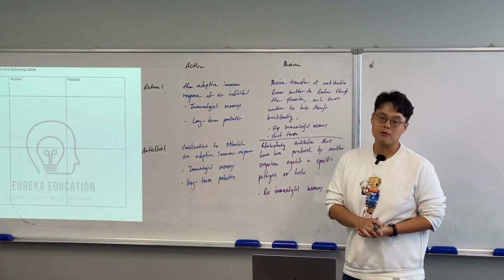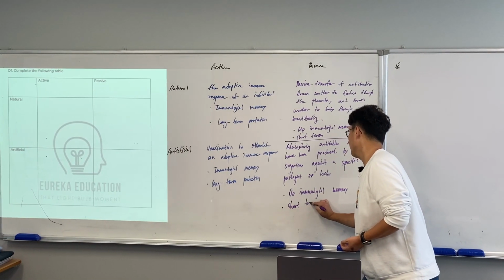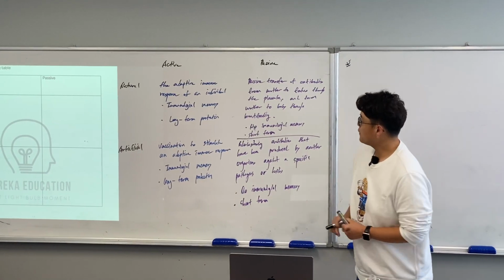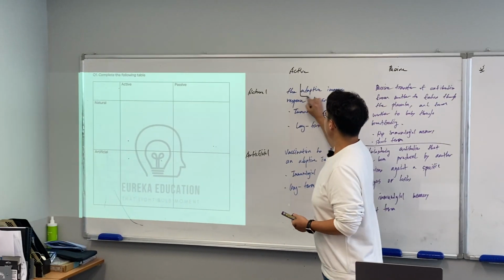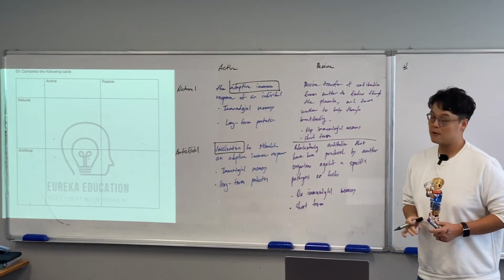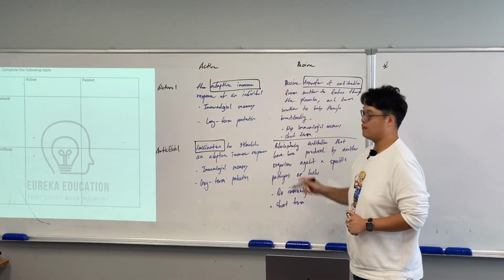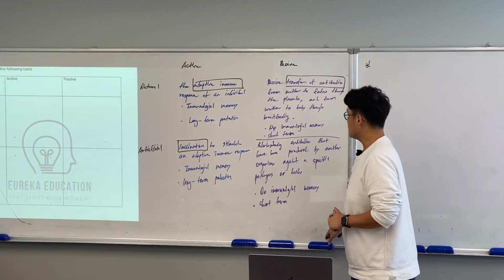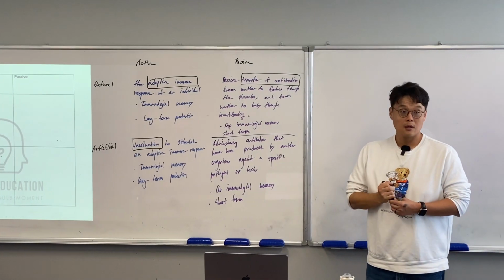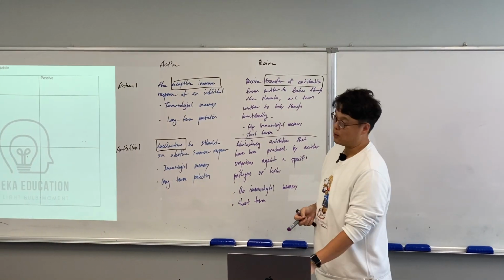It doesn't have the memory cells, therefore it's short term. The key point is that active is the adaptive immune system at work, whether through vaccination or natural methods. Passive is the transfer of antibodies. One is the natural method from the mother to the baby, and the artificial way is injecting the antibodies into your body straight away.